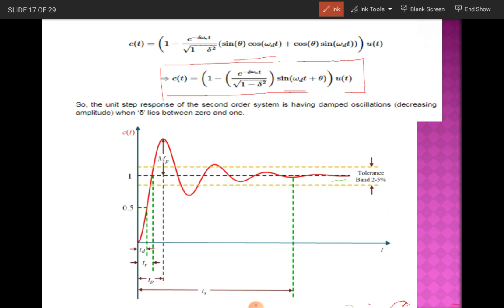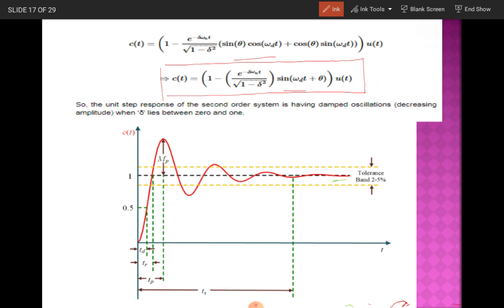So you get a transient with oscillations in the output response. So initially we will get oscillation, then finally it settles down to its final steady state value, right? So this is the output response of a second order system with the step input for the underdamped case, that is varying the delta value from 0 to 1.